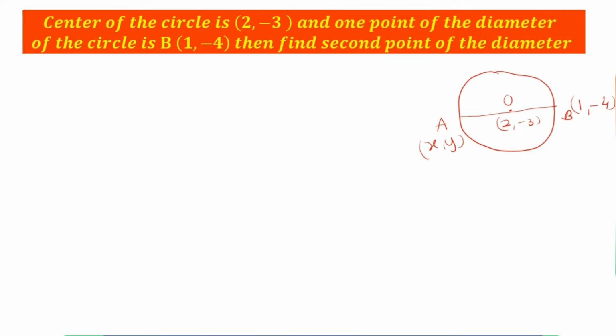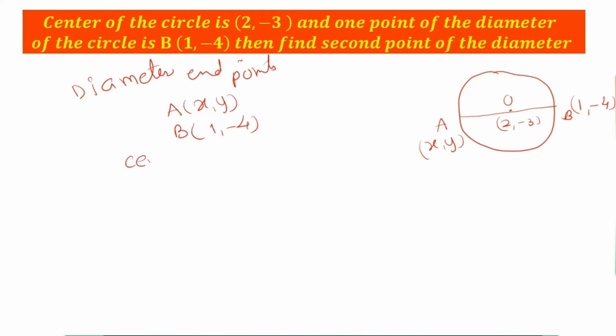First, write down the data. Diameter end points: A (x, y), B (1, 4). Center equals (2, -3). These are the points given in the data.